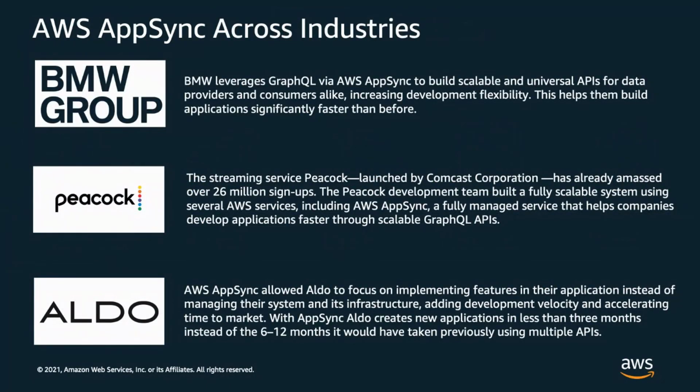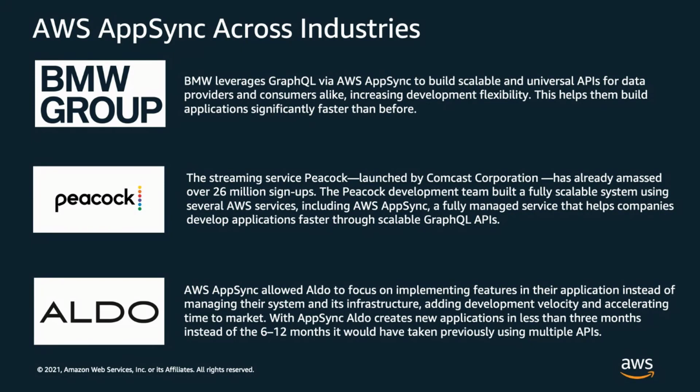Managed GraphQL with AppSync is being used by multiple companies across multiple industries, from BMW Group to Aldo. BMW leveraged GraphQL using AppSync to build scalable and universal APIs for data providers and consumers.